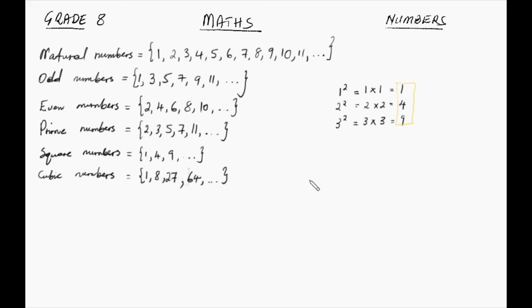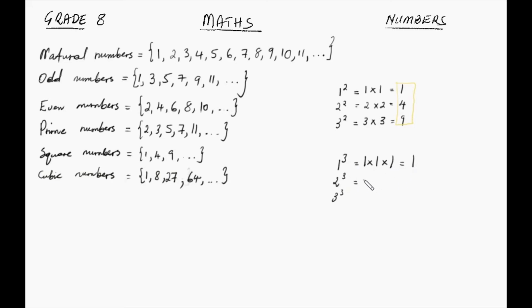Let's see how we get to the cubic numbers. You just take a natural number and you cube it. So this gives us what? 1 cubed is 1 times 1 times 1, so that becomes 1. So 1 is a cubic number.